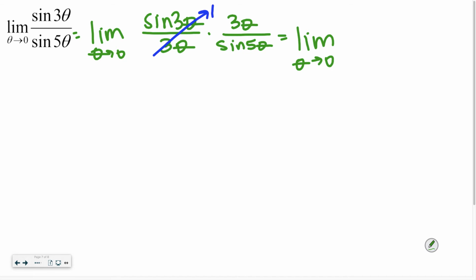Now let's take care of the sine of 5 theta. What one value do we need to multiply? 5 theta. Okay.